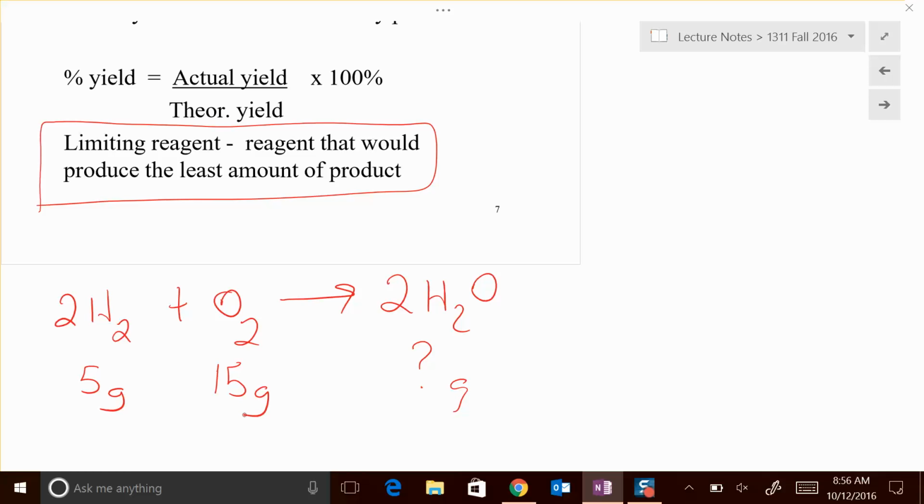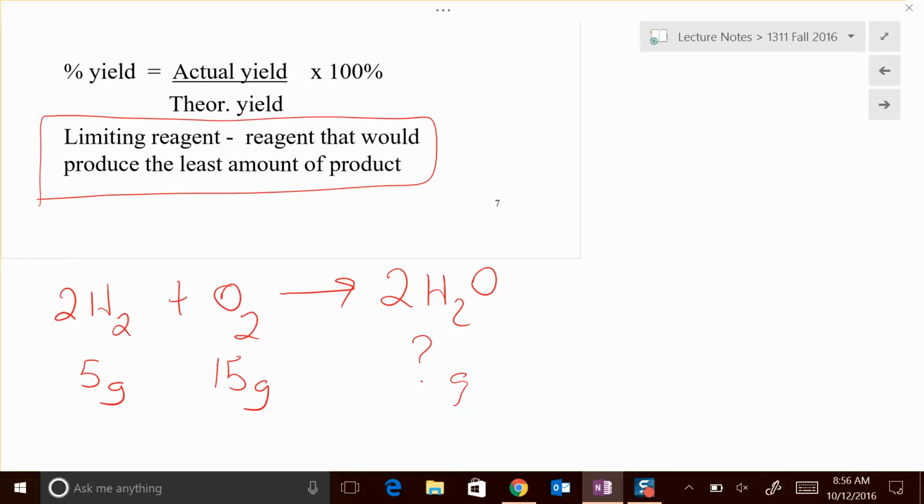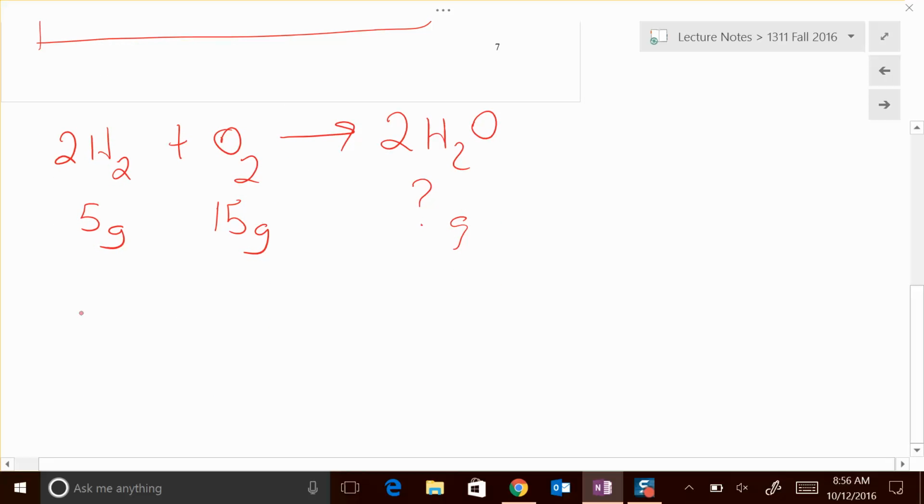Well, how will I calculate a limiting reagent? You compare one of them to the other one. That will tell you which one is limiting. So, for example, I say 5 grams of H2 to the moles of H2 to the moles of O2.